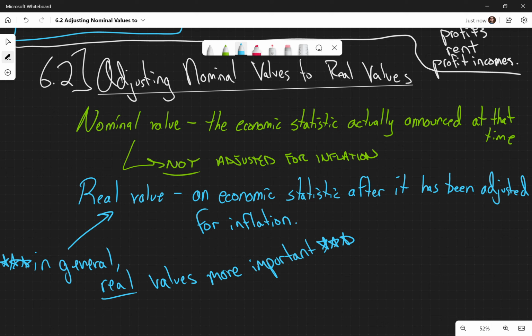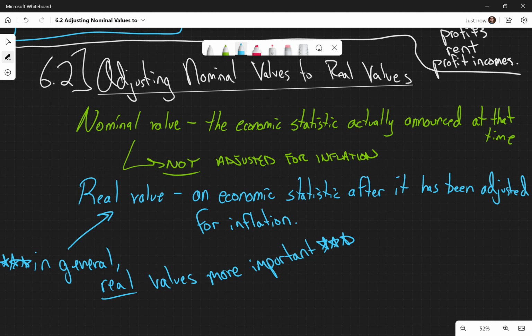And again, that's because when we're looking at the nominal, we are looking at not just the increase in the amount of stuff, but we're also looking at the increase in the price level. And so how do we do this?